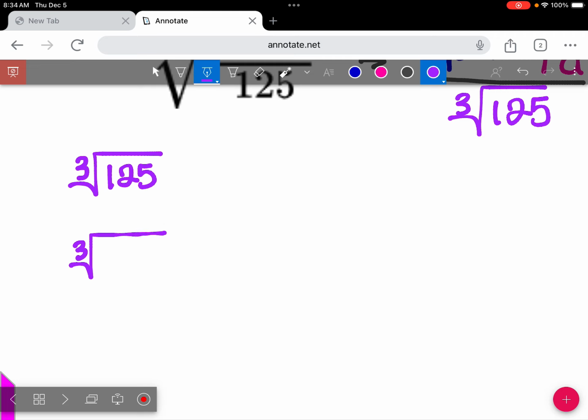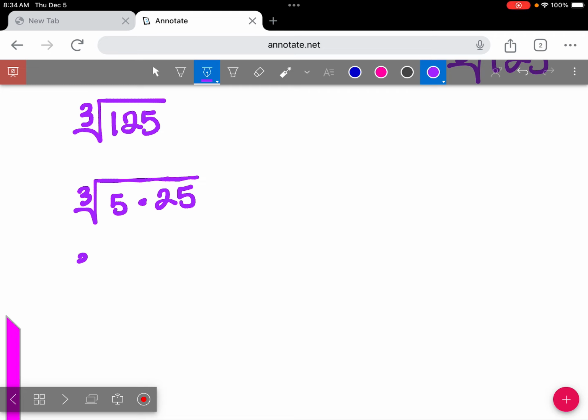I could also break this up to be 5 times 25 and start kind of factoring it out. And then I could break the 25 down into being 5 times 5. So this is 5 times 5 times 5, right? And in here, now I have a set of 3. So this is what the calculator is doing for us.